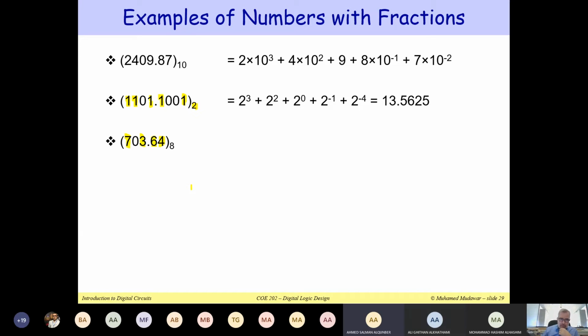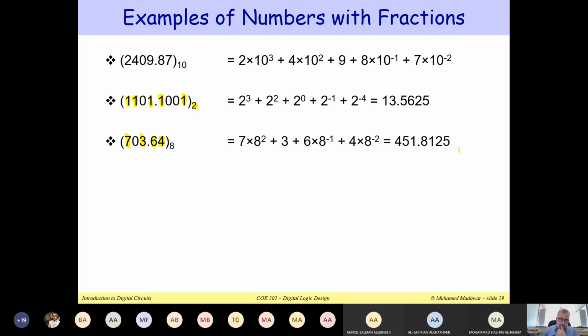Yes, we divide by 64, or we multiply by 8 to the power -2. So if you do the math, you get 451.8125. So you can always convert from any number system, from binary, from octal, from hexadecimal, it does not really matter, to decimal, using just the equation that we have seen in the previous slide.